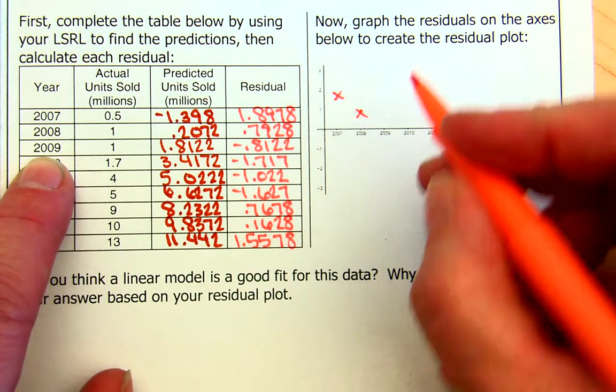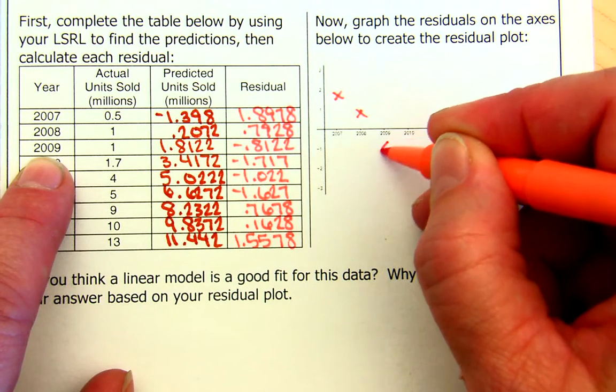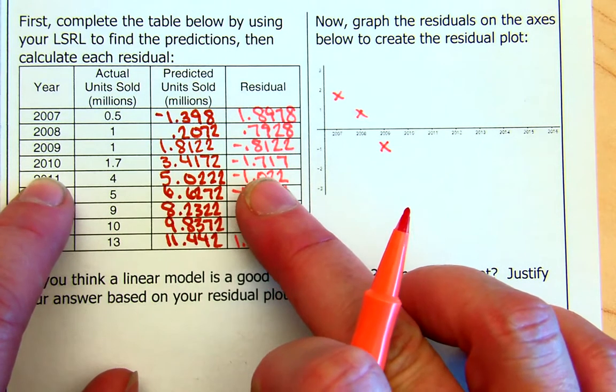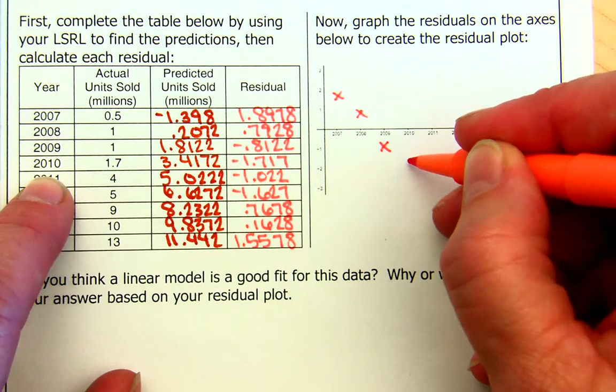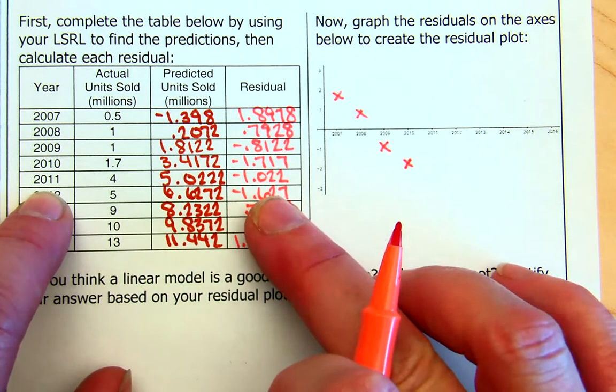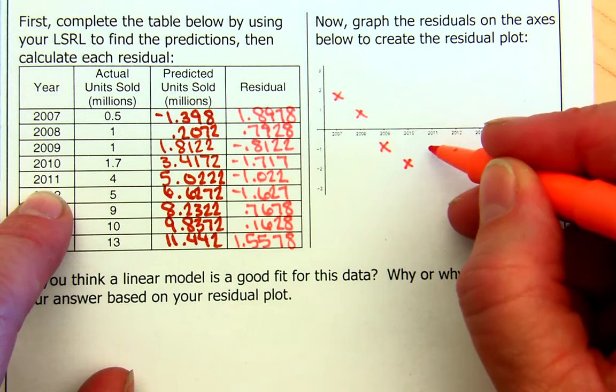2009 was negative 0.8. 2010 was negative 1.7. 2011 was negative 1.0.